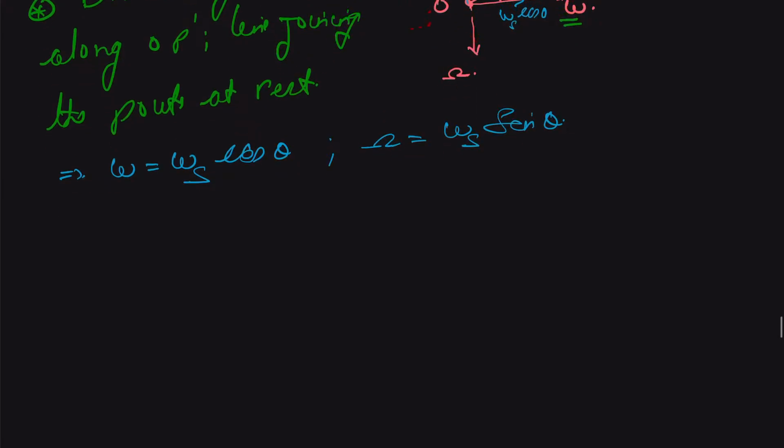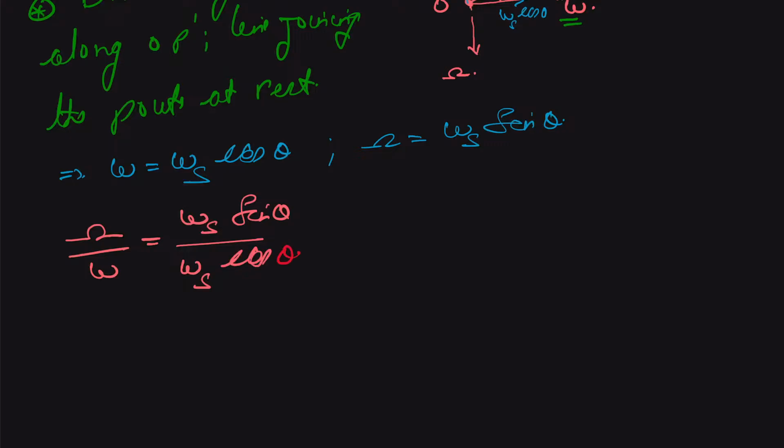And if we divide these two equations, we can write capital omega upon omega is equal to omega s sine of theta upon omega s cos of theta, and omega s is going to cancel out.